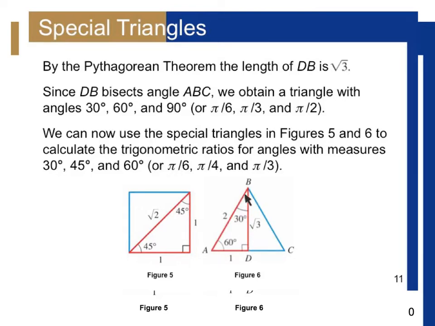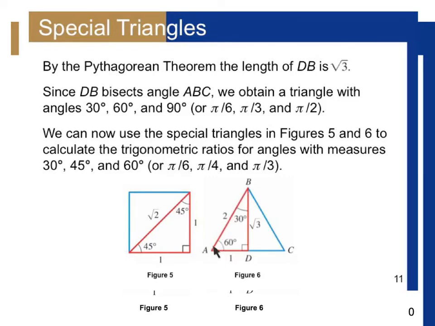Now, you can also see how this happened, because when you have an equilateral triangle, all the sides are the same, right? And then this is going to be 60 degrees, this is 60 degrees, and this will be 60 degrees. So when you have a triangle where all three sides are exactly the same, you're going to have 60 degrees for each angle. So what we did is we cut it in half. And when you cut it in half, this becomes 30 degrees.